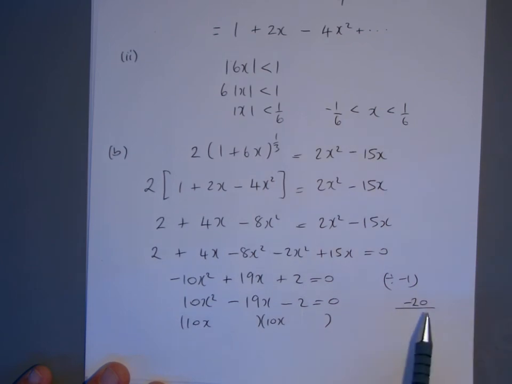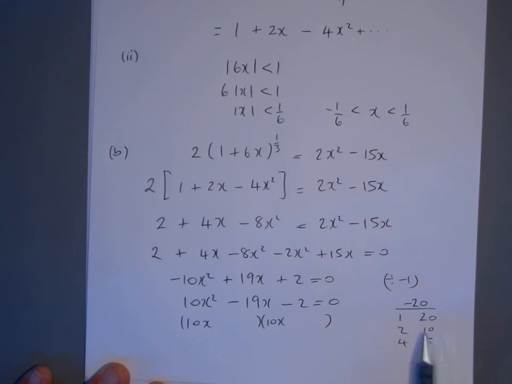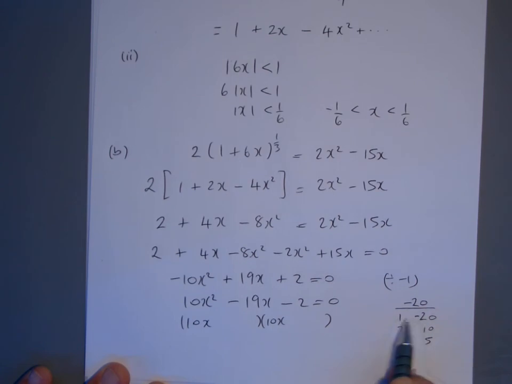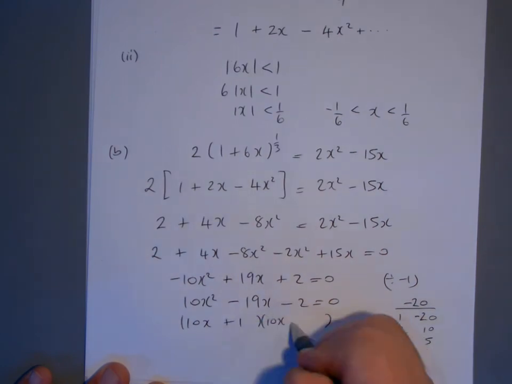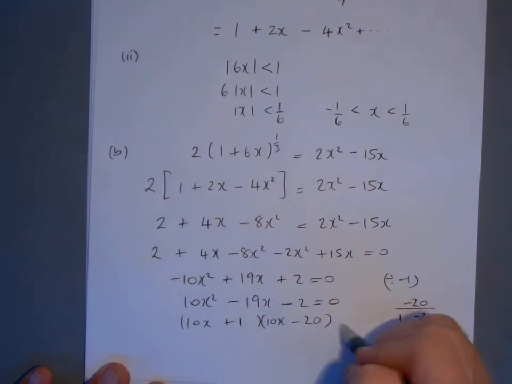So we need to think now of a pair of numbers that multiply to give 20. So we've got 1 and 20, 2 and 10, 4 and 5. But a pair that will add up to minus 19. So of course, if we make that positive 1, negative 20, that will add up to give minus 19, and it'll times to give minus 20. So 10x plus 1, 10x minus 20 equals 0.